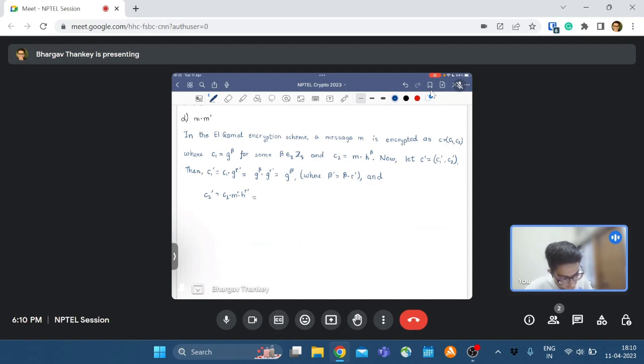So C2 is M times h to the beta, times M' times h to the r', which is M times M' times h to the beta plus r', which is equal to M times M' times h to the beta'.